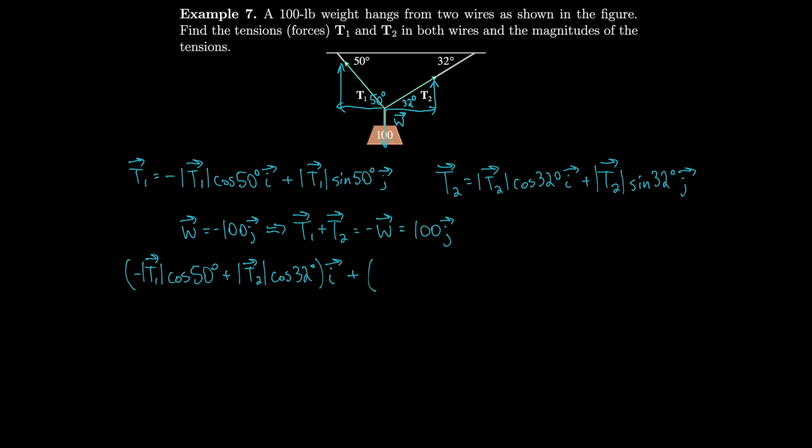And then I'll group together the j components, so that's the sines. So sine of 50 times the length of t1 plus sine of 32 times the length of t2. So altogether, this must equal 100j by this equation over here.